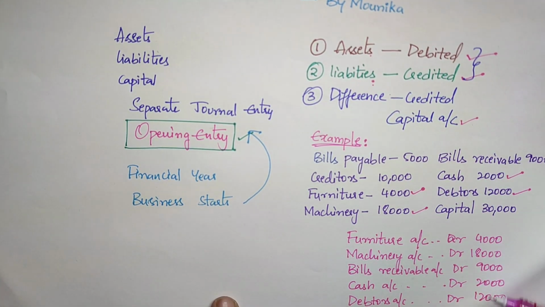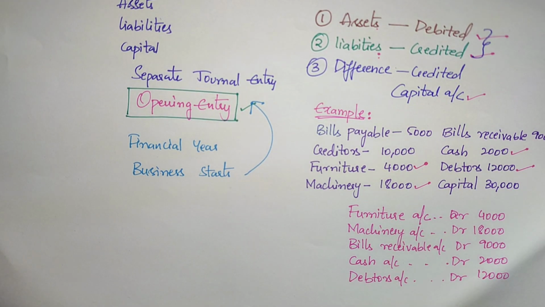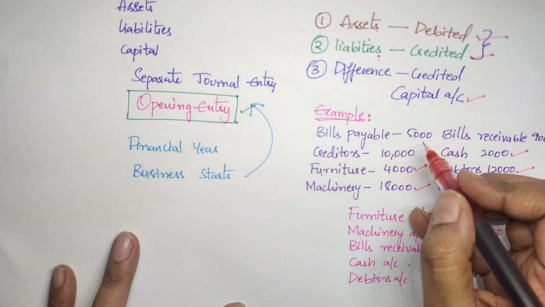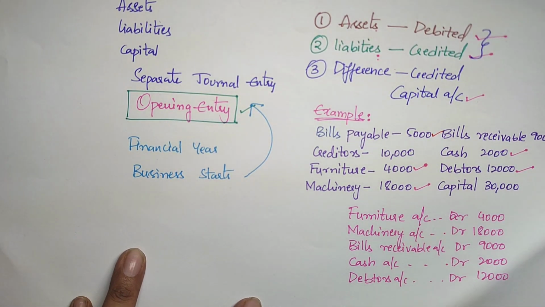All the assets we have debited. Then liabilities should be credited. So now I'll mark liabilities. Bills payable is a liability. Creditors.